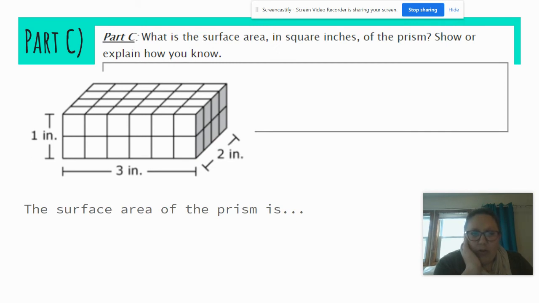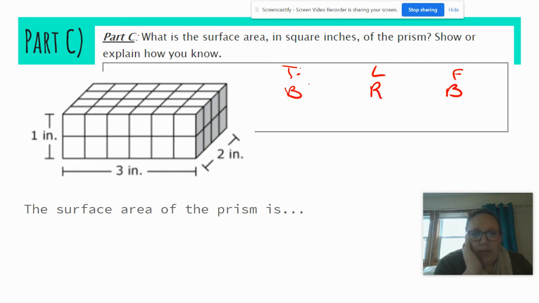All right, let's move on to part C. What is the surface area in square inches of the prism? So this is everybody's favorite. This is where we want to find the top, bottom, left, right, front, and back.